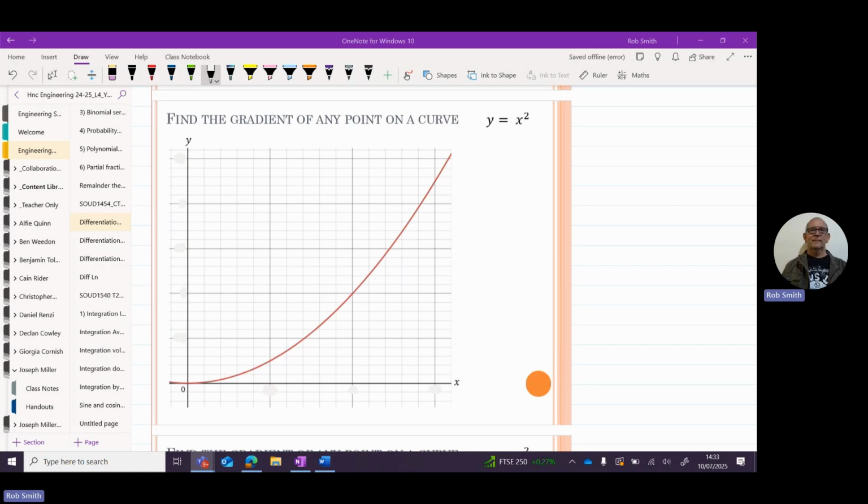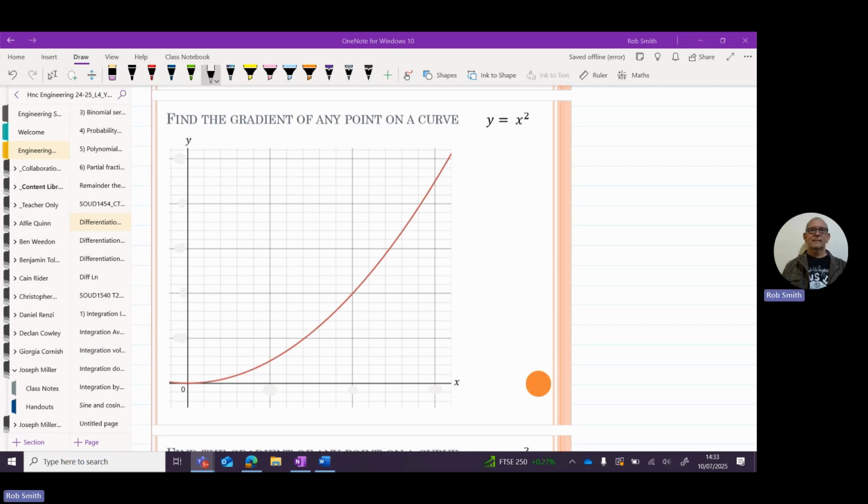Okay, so you've done some work in class about working out gradients, and we're going to look at how we work out a general rule for working out the gradient of, differentiating, a function. What we've got here is a polynomial.